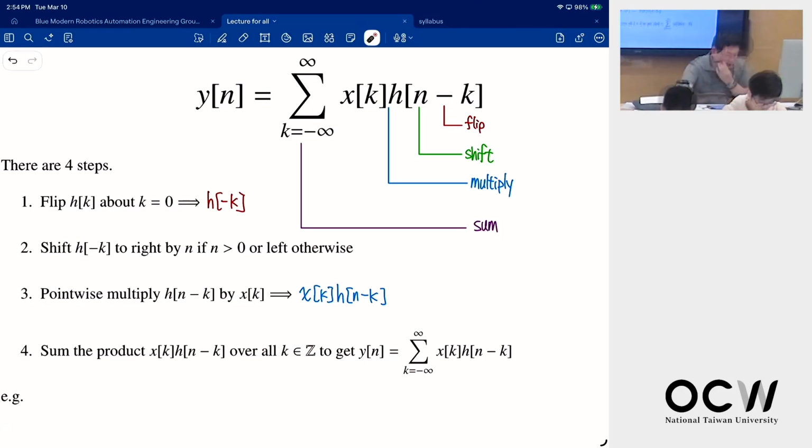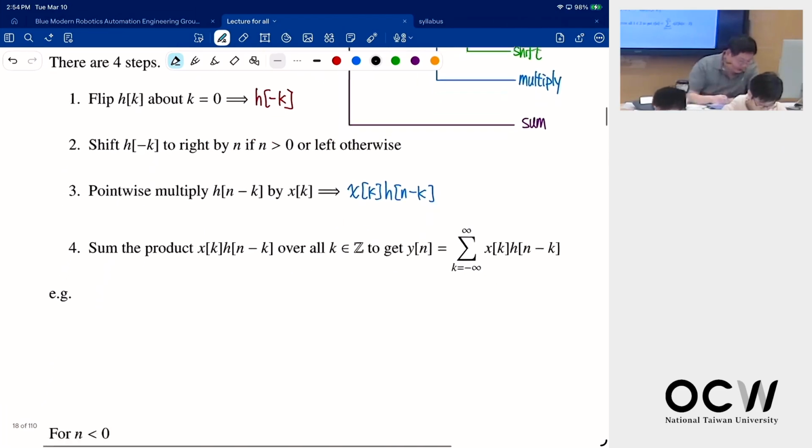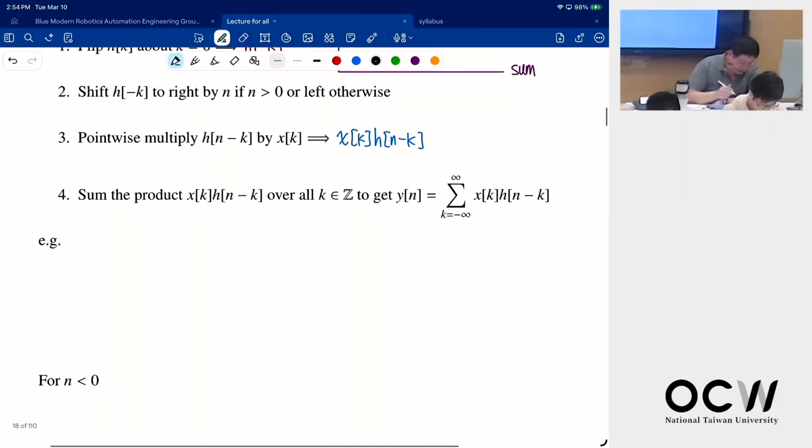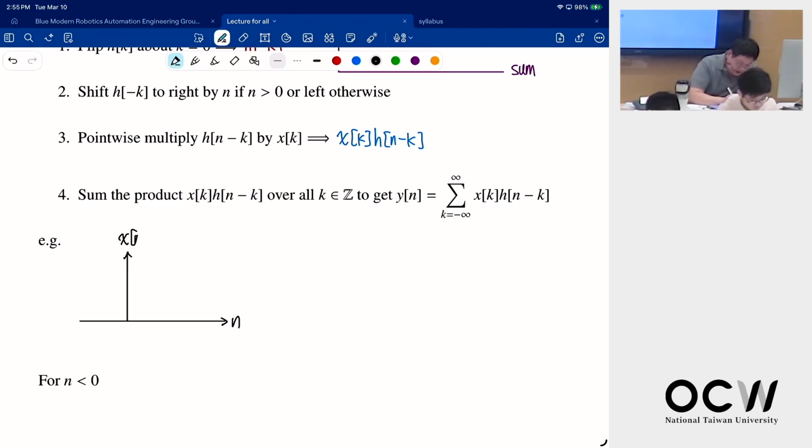Okay. Let's see an example. So suppose I have a signal, or you can think about this as an input. So this is x n.